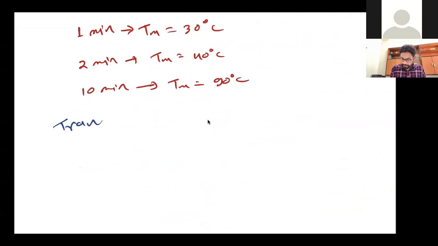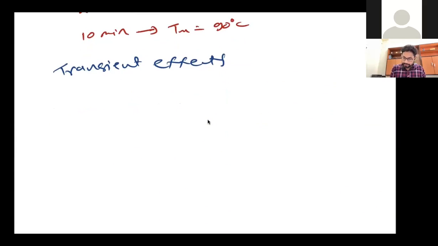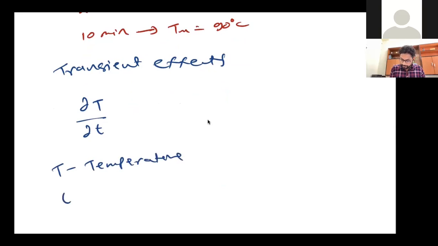If you have to consider the transient effects, we need to consider the transient equation, which we generally call the heat equation, and that can be written as dT by dt, where capital T is temperature and small t is time, and it is proportional to d square T by dx square.